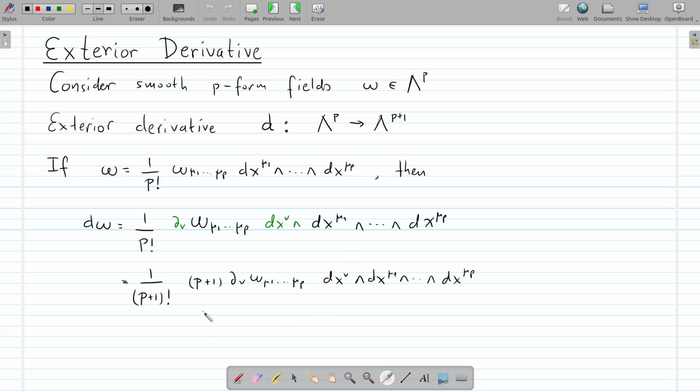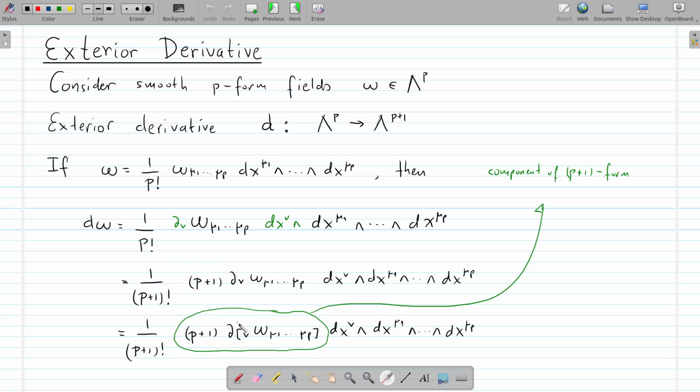Now let's notice that if we multiply and divide by p+1, we obtain here (p+1) factorial and p+1 on the numerator. And observe that this is nothing but the components of a (p+1)-form when written in terms of the wedge product of the coordinate basis.